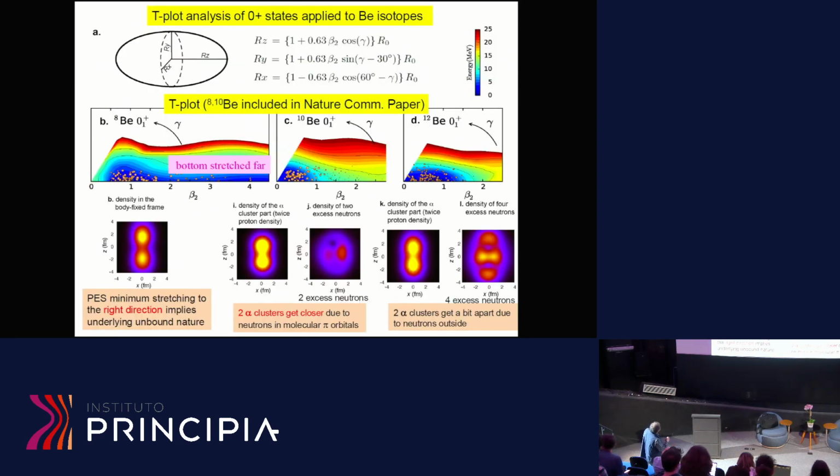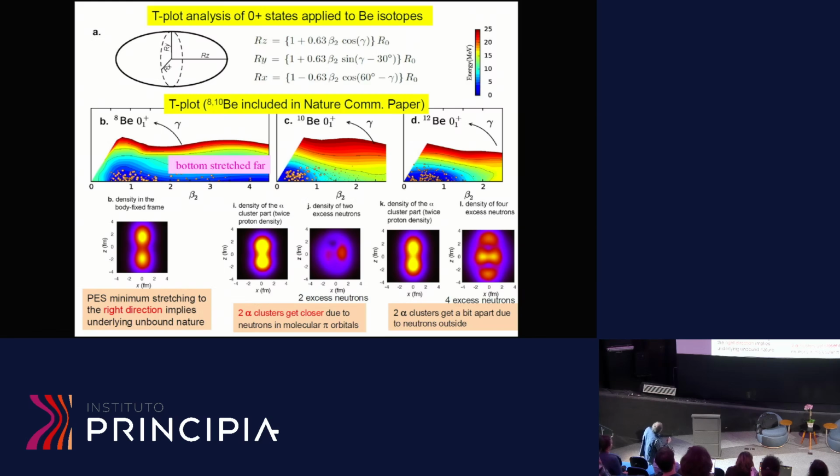Now let me look at what happens in beryllium-10 and beryllium-12. Those are the T-plots of beryllium-8, beryllium-10, and beryllium-12. First of all, beryllium-8 is unbound, and our T-plot indeed shows this unbound feature. The T-plot is exceptionally stretched in this way.